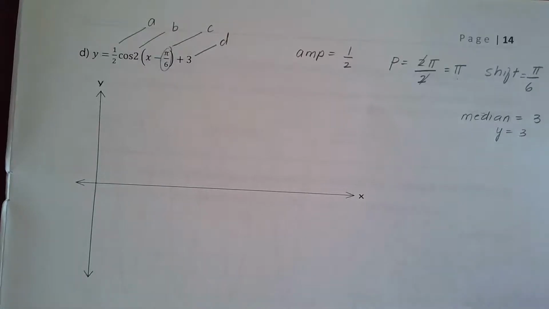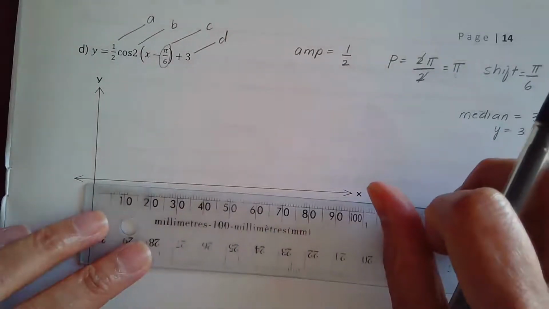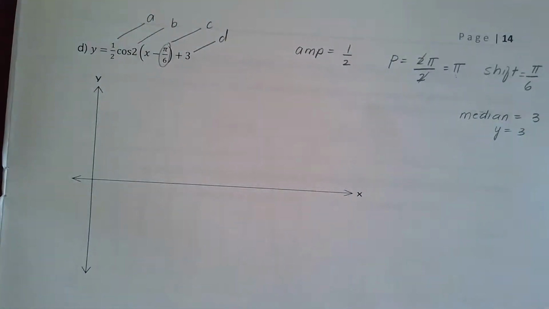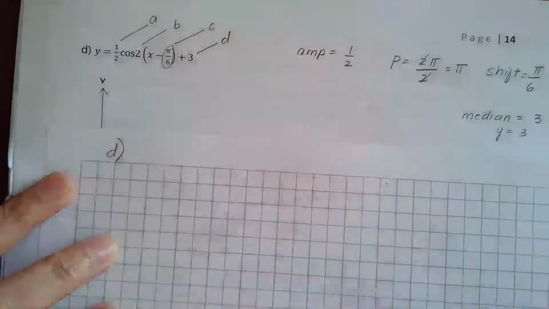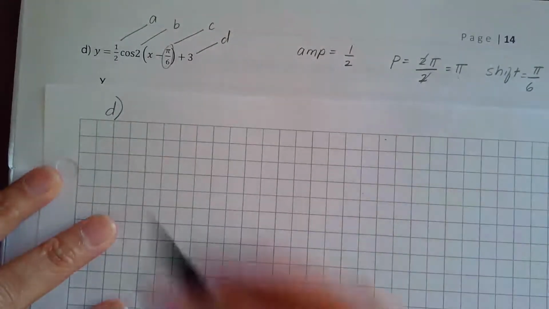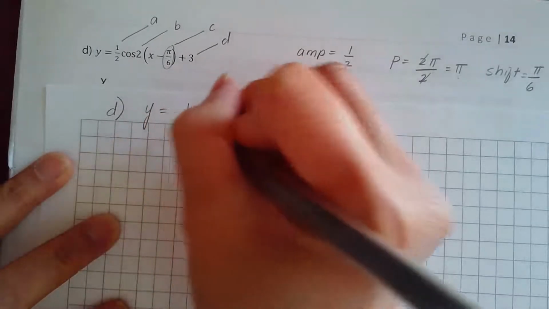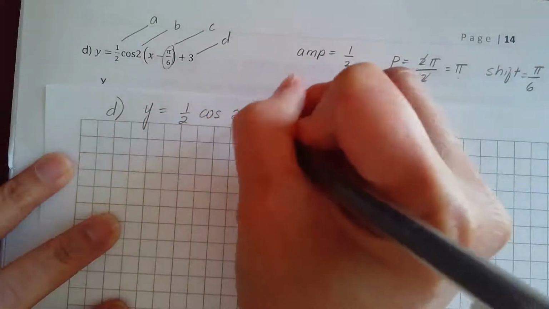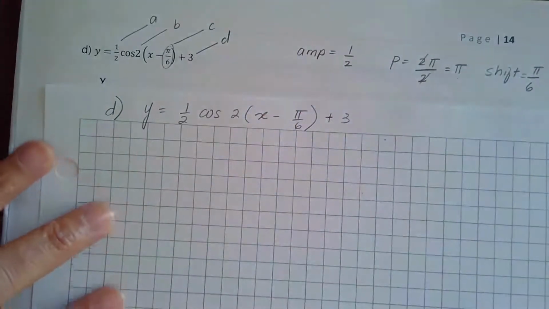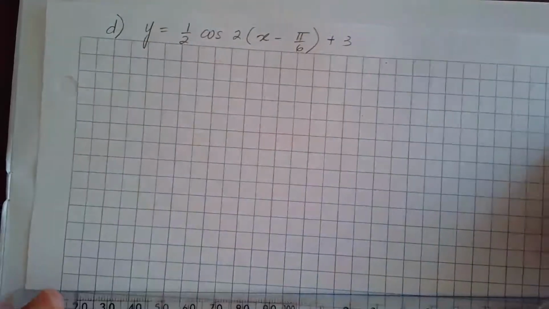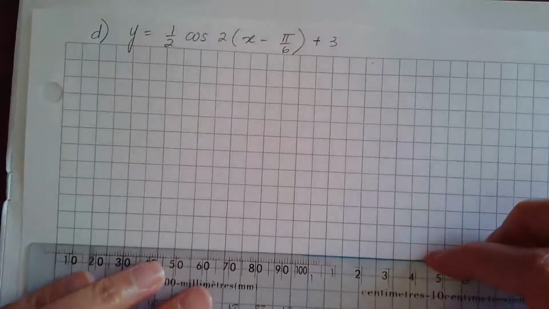We can do pi over 6. We'll probably do it on a graph paper. Okay, so y is equal to 1/2 cos of 2 times x minus pi over 6, plus 3. Okay, so let's try that. You can do this on a graph paper.